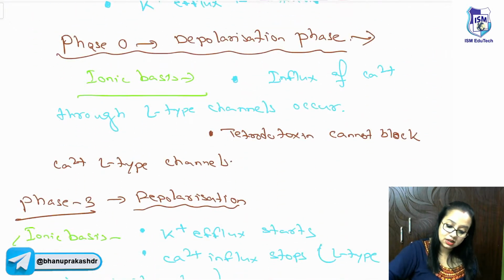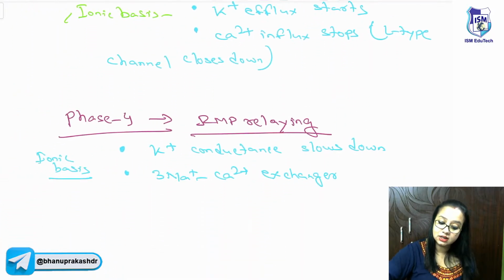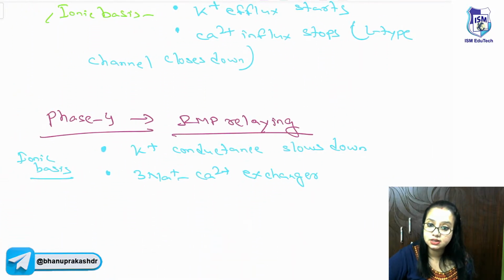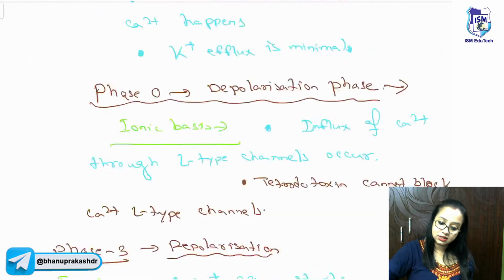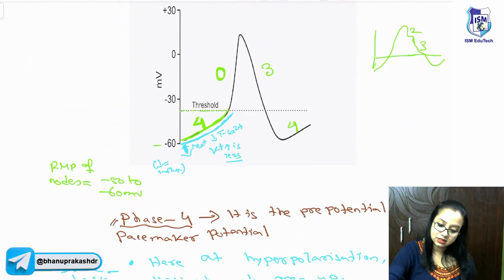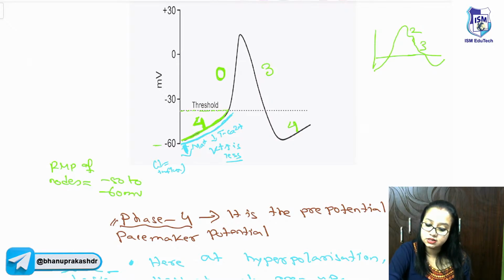Okay, now the same phase 4, why are we studying it again as resting membrane potential relaying? Because it is the sharp decline from phase 3 and the beginning of phase 4. The action potential is over, the repolarization phase is also over. Now again, it is the start of phase 4.